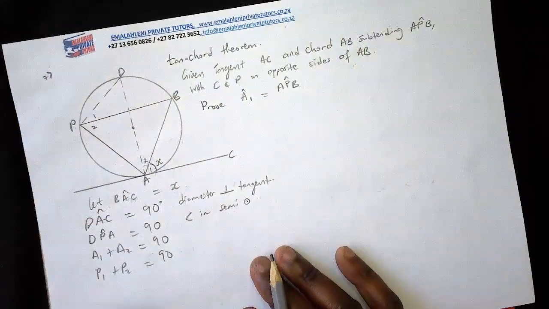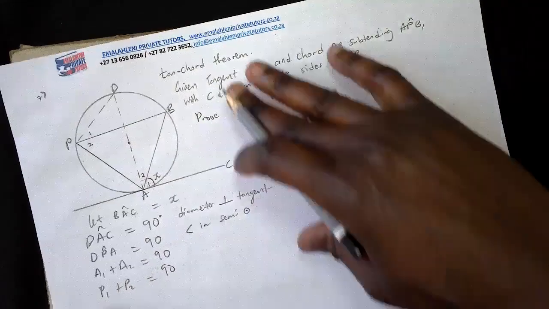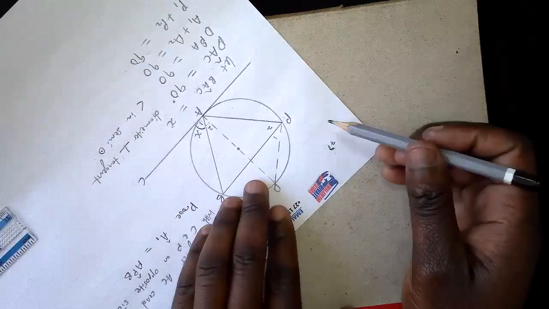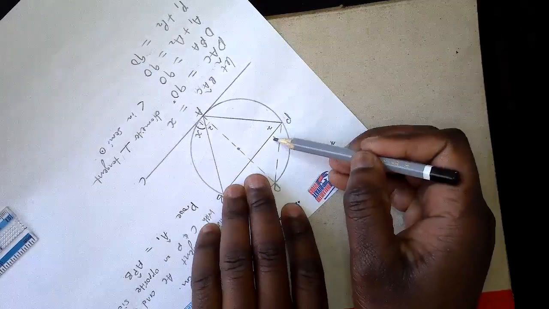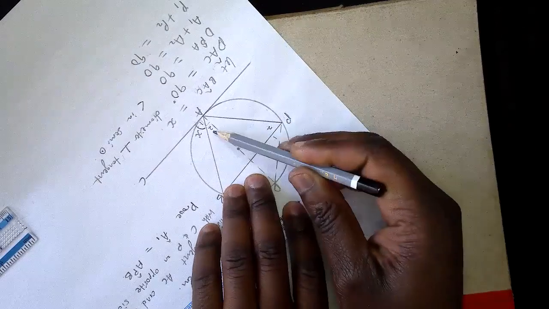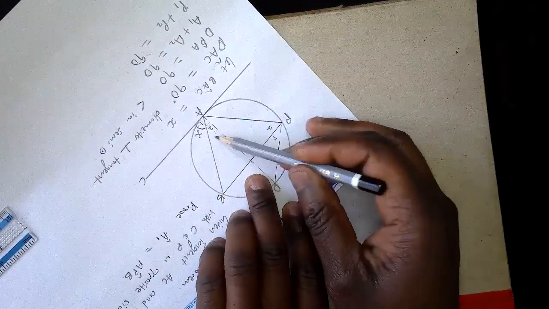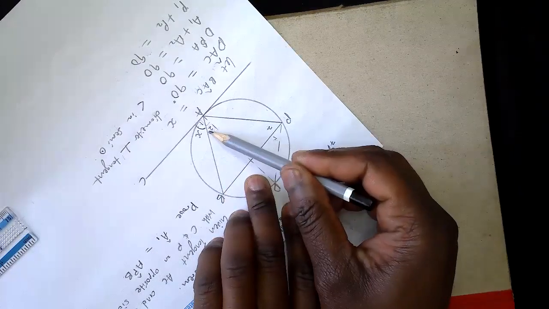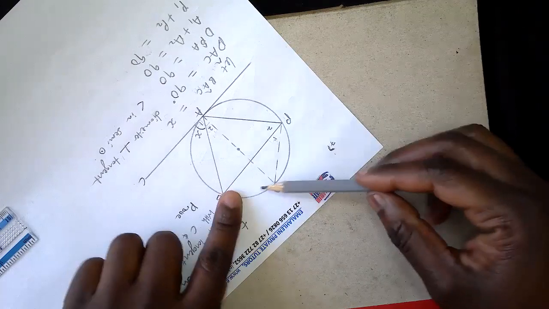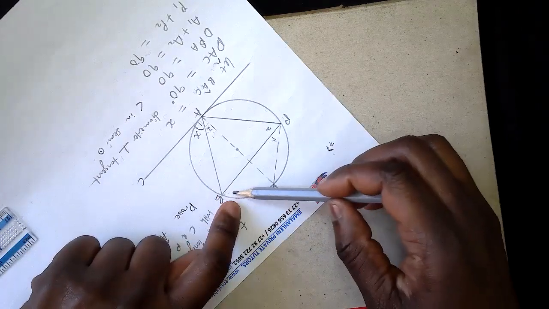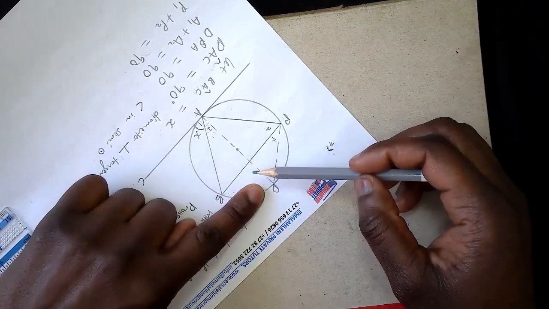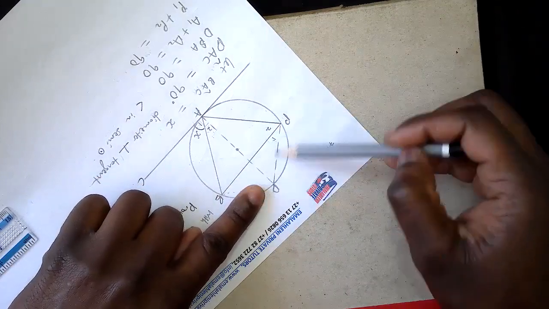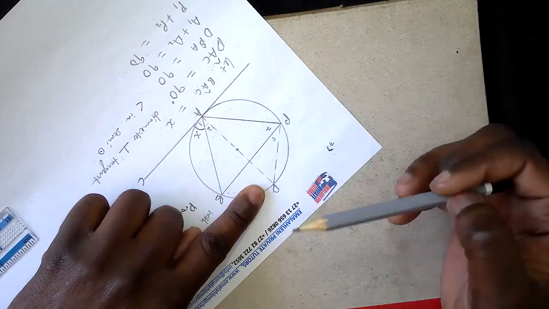If we look at these angles, holding our papers like this, we see that P1 and A2 are equal. Why? They are angles in the same segment, subtended by the same arc, looking at this as a chord. So this angle here and this angle here are equal.